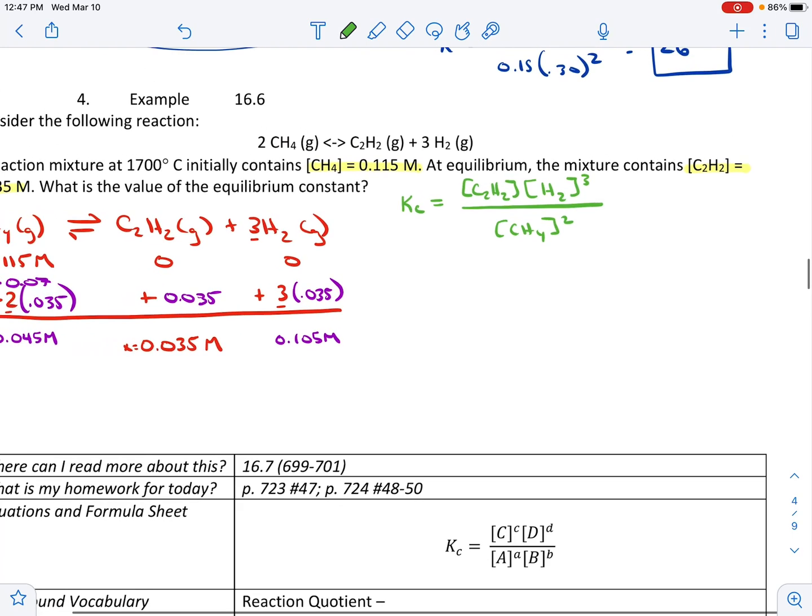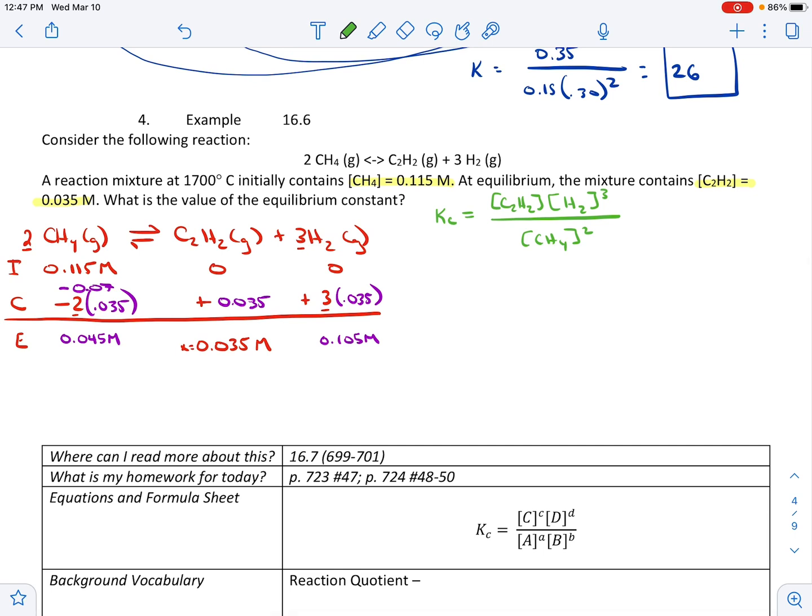And now we're just ready to plug those in and see what we come up with. So C2H2 at equilibrium is 0.035. We have our H2, 0.105, and that's going to be cubed over 0.045, and that's going to be squared. And now we're ready just to do our math.